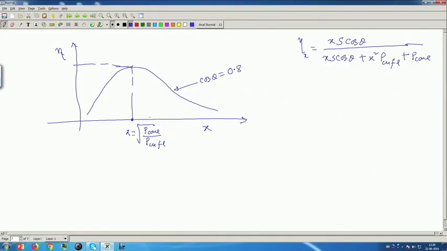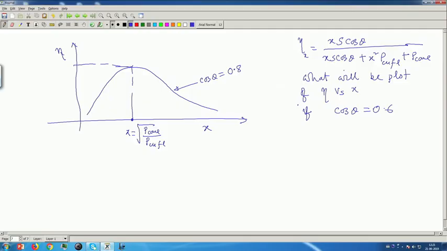Now, the question is, suppose I vary the power factor from cos theta equal to 0.8, suppose I do the same exercise, what will be the plot of eta versus x if cos theta I change it to 0.6?